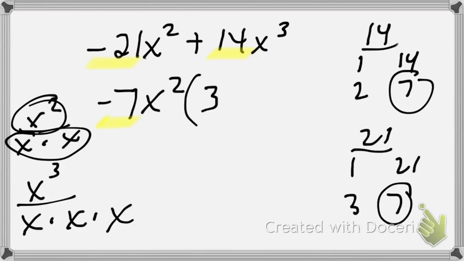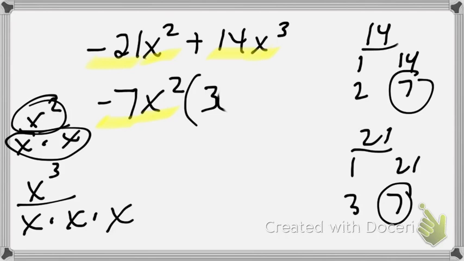And then we're going to divide the variables, both variables, by x squared. So x squared divided by x squared just gives us 1. So 3 times 1 is 3, so I'm not going to write the 1 next to it.